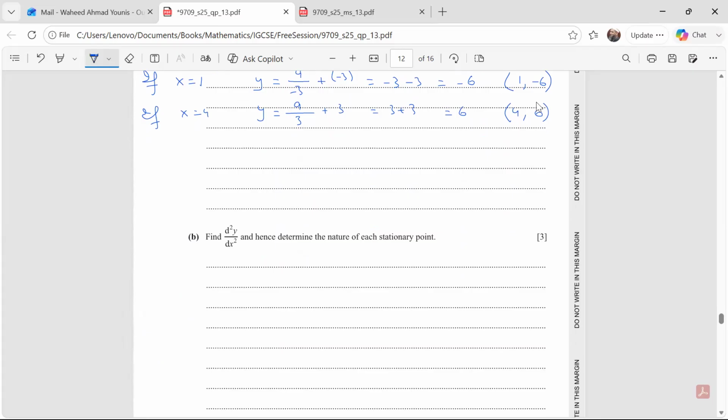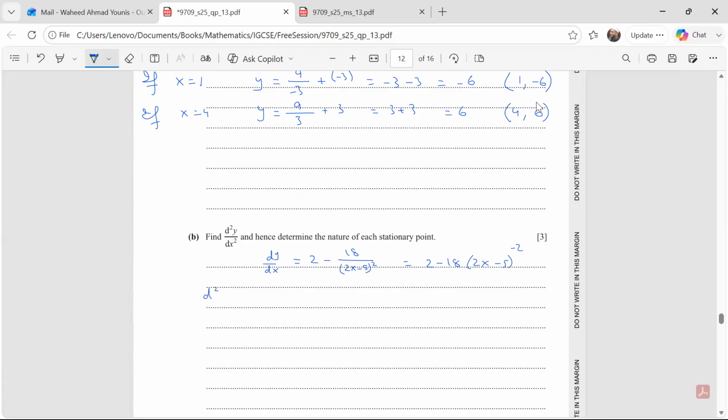Next part is find the second derivative and hence determine the nature of each stationary point. Now we know that dy/dx, the first derivative, we found as 2 − 18 over (2x − 5) squared. Let me write it as 2 − 18(2x − 5)^−2.